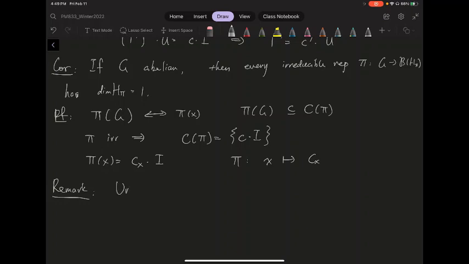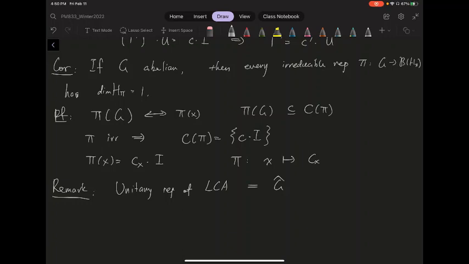The unitary representations of a locally compact abelian group are just equal to the character group. Okay, because you need to be unitary on the one-dimensional space, each of these numbers has to be on the unit circle. So this is essentially the dual group.